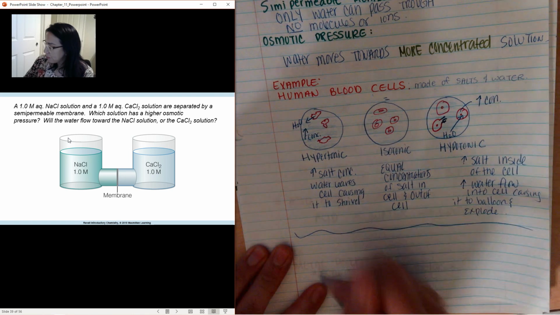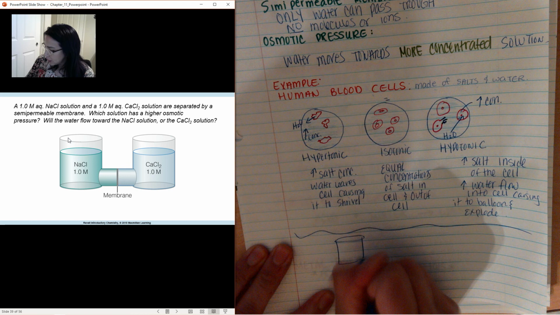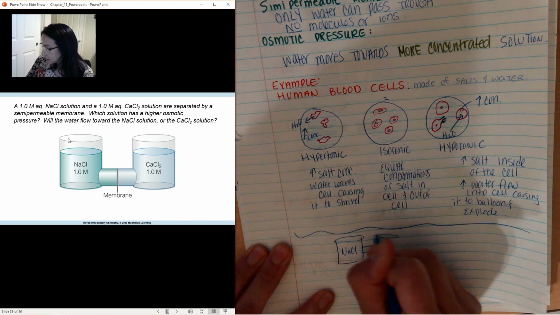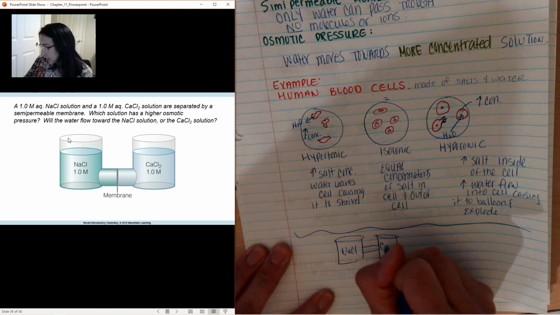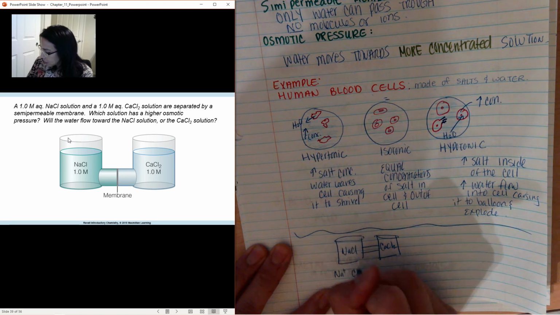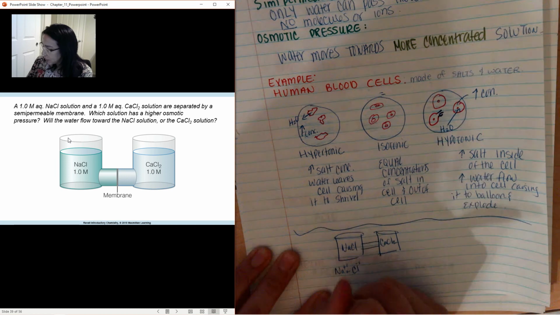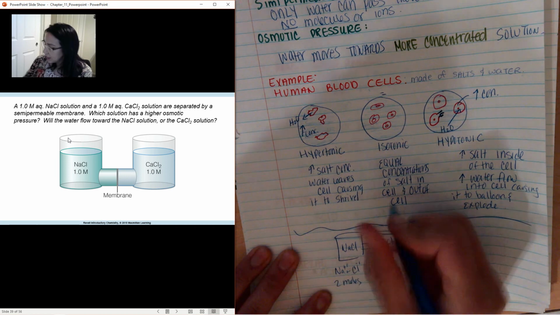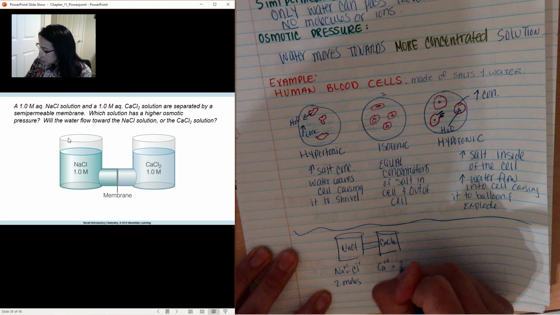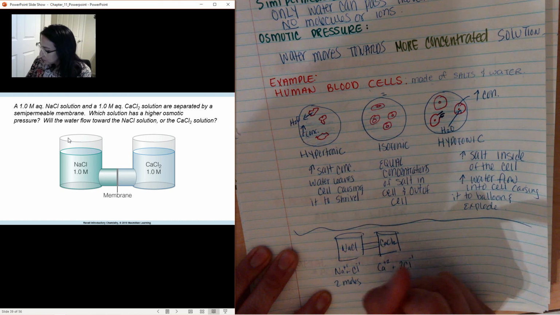So in the example, this is sodium chloride, and it's connected to another container containing calcium chloride. Here we have sodium, positive 1, and chlorine, negative 1. So we have 2 moles. And here we have calcium chloride, which is calcium plus 2 chlorines, which gives me 3 moles.